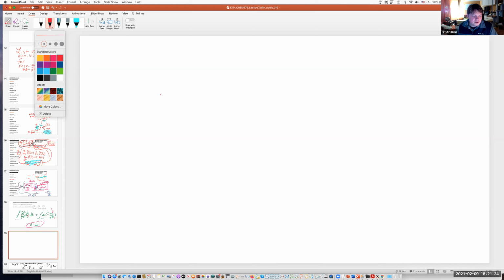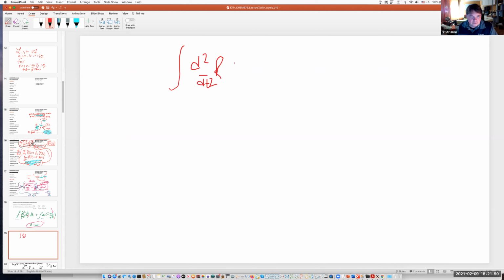So if we integrate the equation from the previous line, upon integration of the second derivative, we are getting the first derivative plus constant, right?